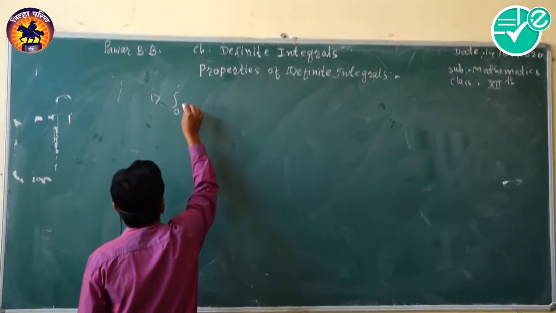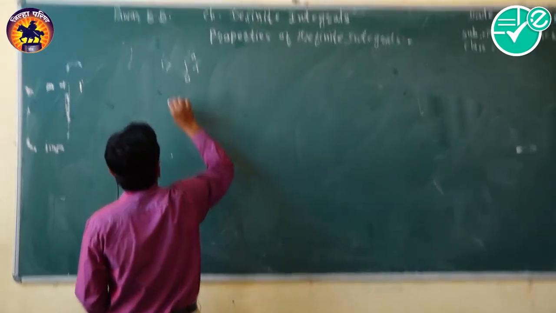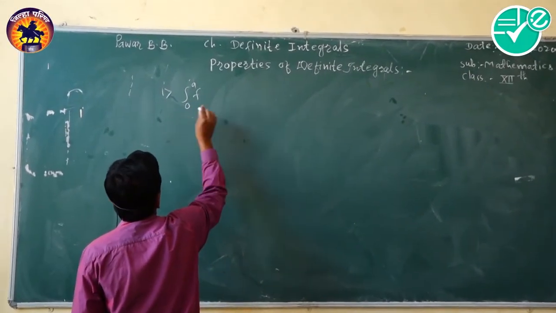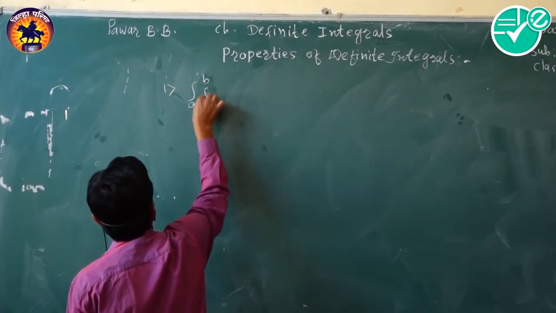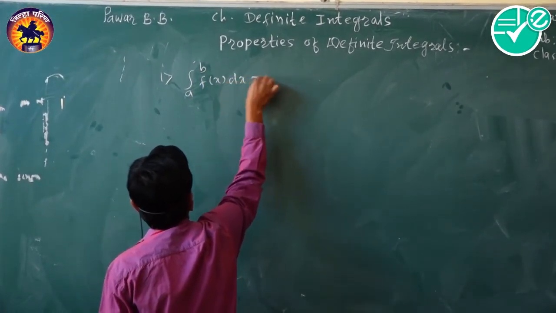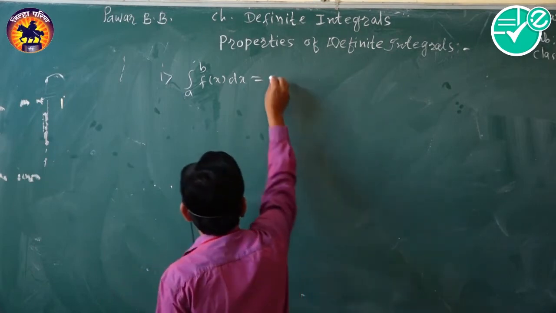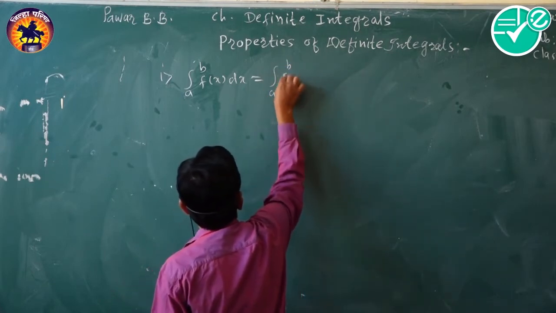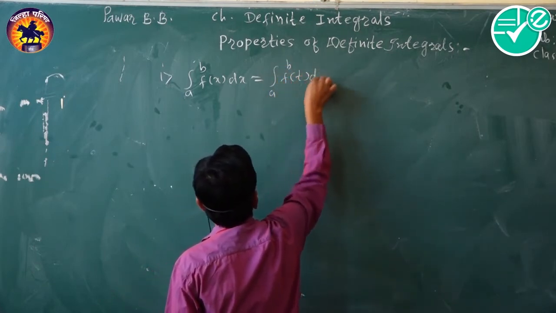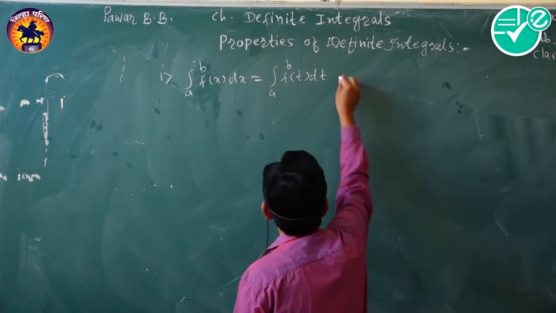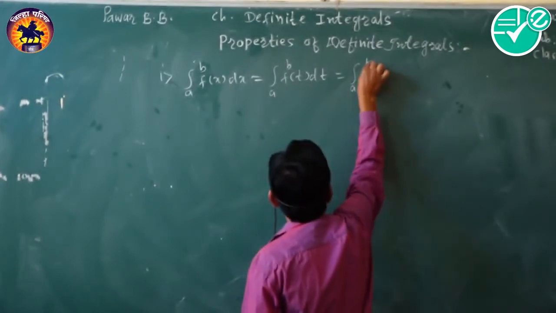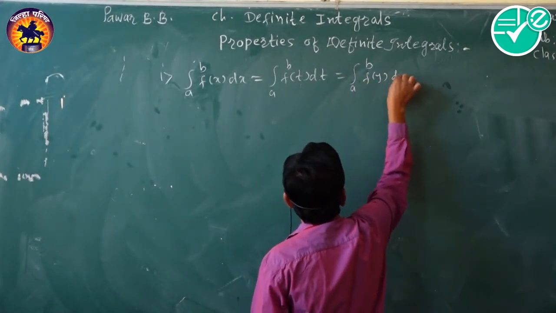Integration from a to b, f of x dx is equal to integration from a to b f of t dt, or we can write this is also integration from a to b f of y dy.